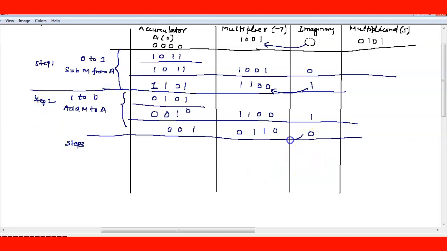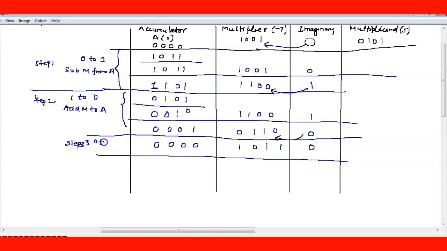Here the transition is 0 to 0, so nothing has to be added, but we have to do the right shift. Here, I forgot to write, this value will be the MSB written as it is, so 0. So you do the right shift and write 0 0 0 1 0 1 1 0, and the MSB is written as it is. So step 3 is over.